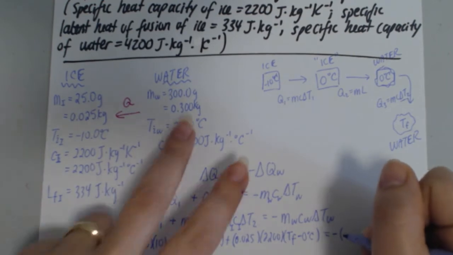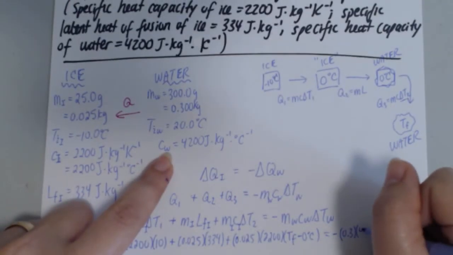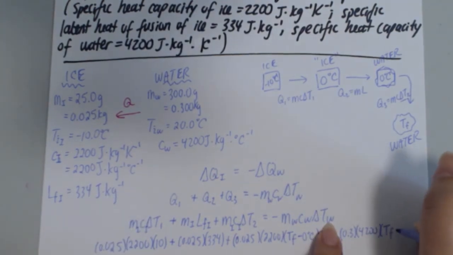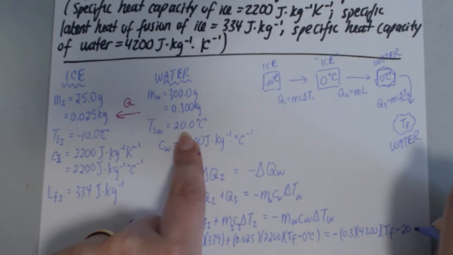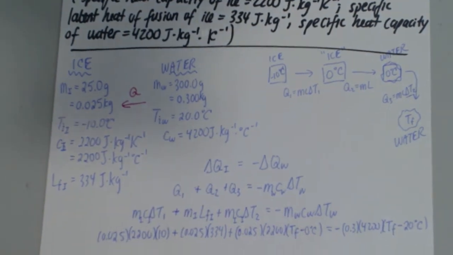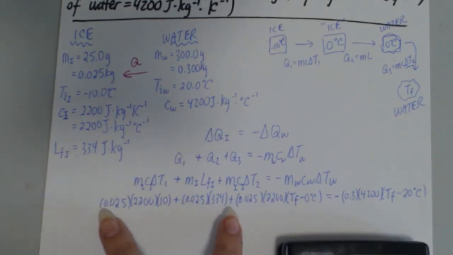Equals to minus M, so that's minus 0.3 times C water, 4200, times delta T. So T final minus T initial, which is 20 degrees Celsius. Notice the T finals are the same. So this is just a lot of stuff to punch in our calculator. So I'm going to do these first two products and get the value.